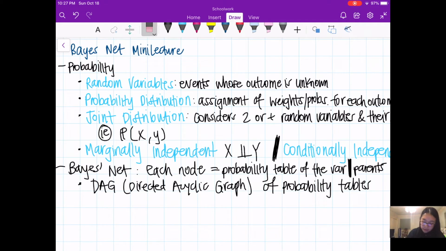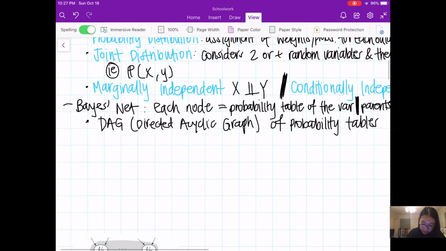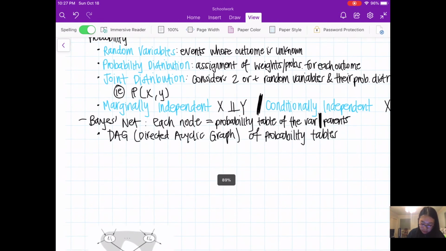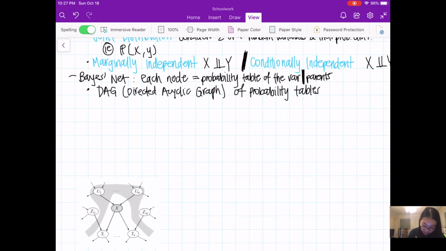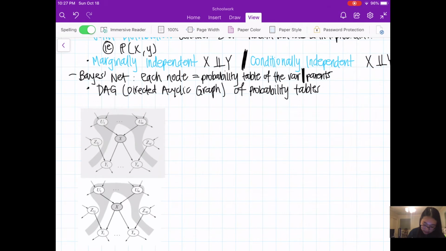And the main thing we want to remember about Bayes net are these two really important traits.